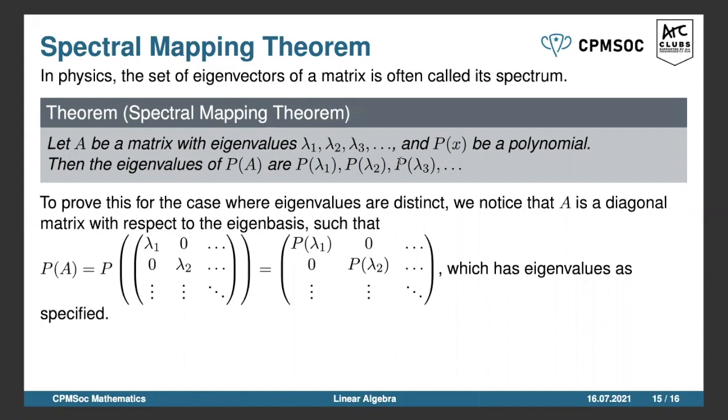And if we want to talk about this in the canonical basis rather than an eigenbasis, we can just apply a change of basis matrix, make this argument after that change of basis, and then move back from the eigenbasis to the canonical basis.